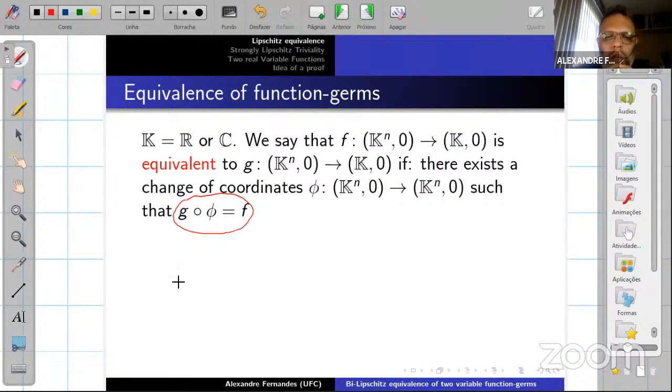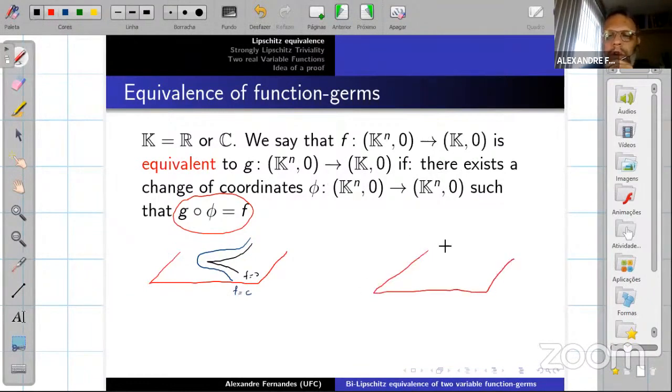Here, this is the domain of f. You have the special fiber of f equal to 0, and you foliate the germ of the plane with the generic fibers f equal to c, and you have the same for g.